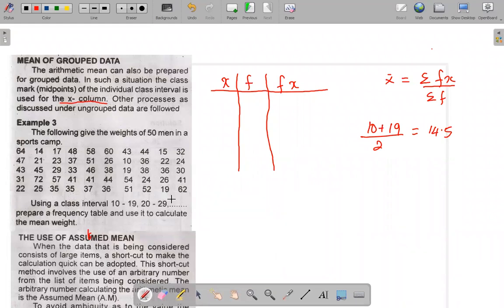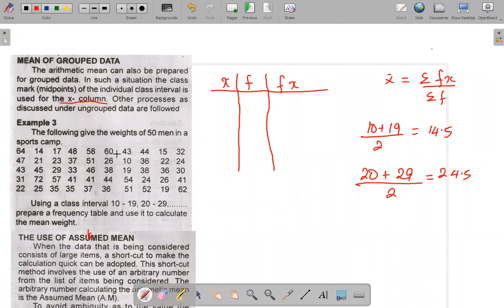While for the second interval, the class mark will be 20 plus 29, then divided by 2, which is 24.5. So all of these numbers, 14.5, 24.5, will fit in the X column.